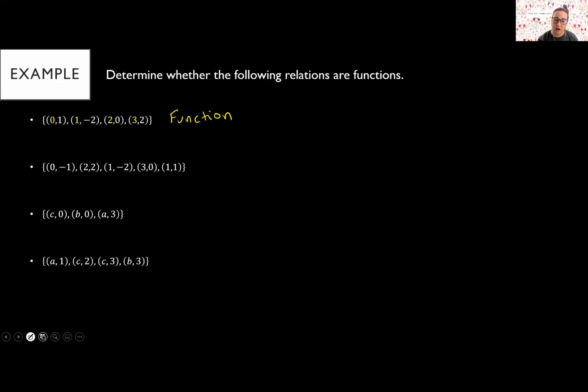So next one, we've got 0, -1, 2, 2, 1, -2, 3, 0, and then 1, 1. I'm going to highlight my x values here, which makes it a little bit easier. And then we're asking, are we repeating x values? We've got 0, 2, 1, 3, and then we've got 1 again.